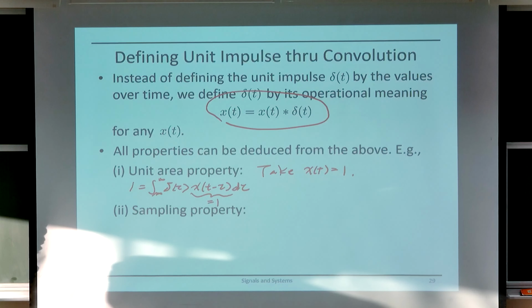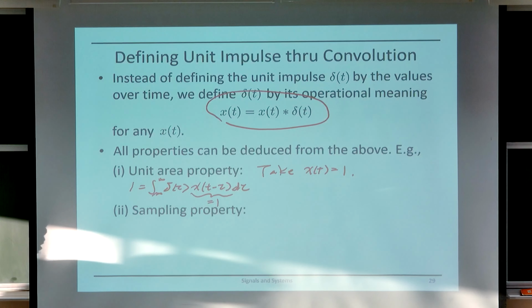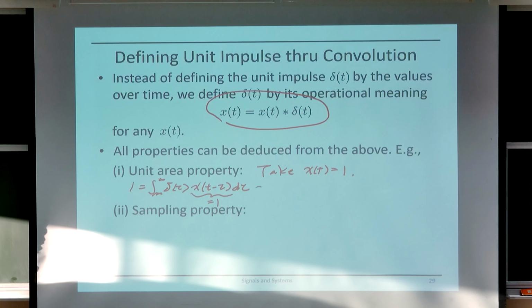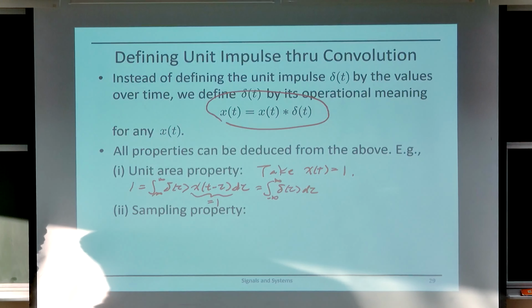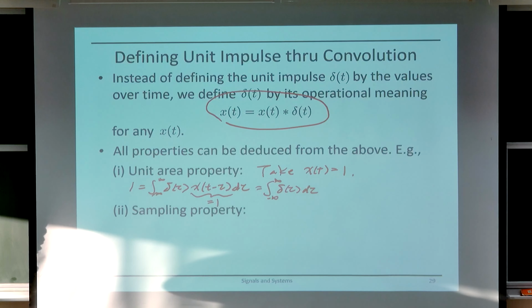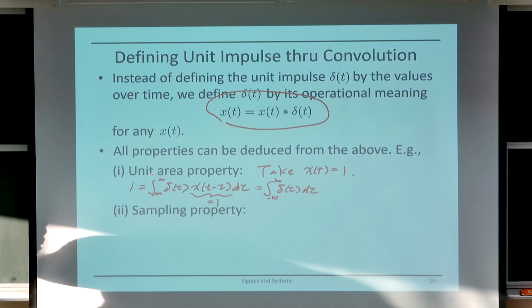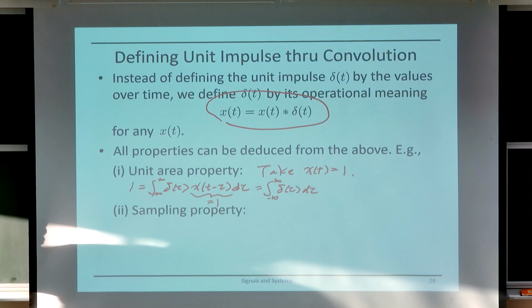So this integral becomes the integral of delta of tau d tau from minus infinity to infinity. So this shows that with this operational definition, it is sufficient to prove the unit area property of the unit impulse, namely, the fact that the integral of the delta function should be equal to 1.